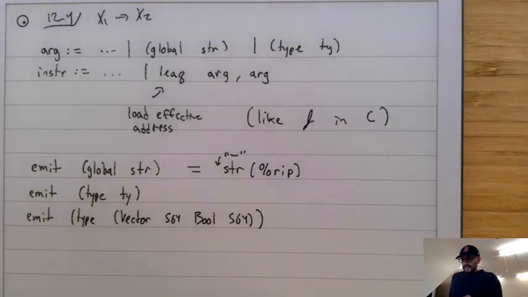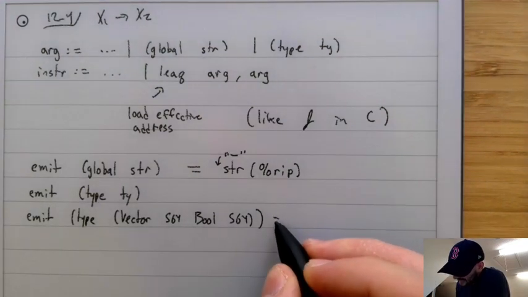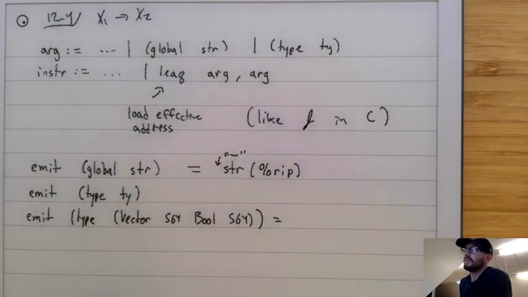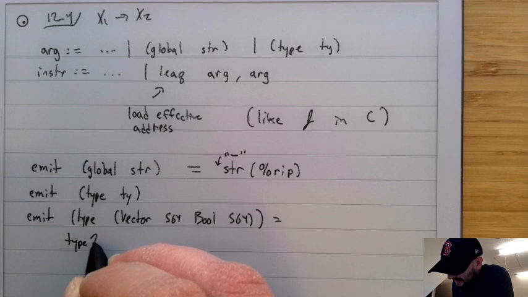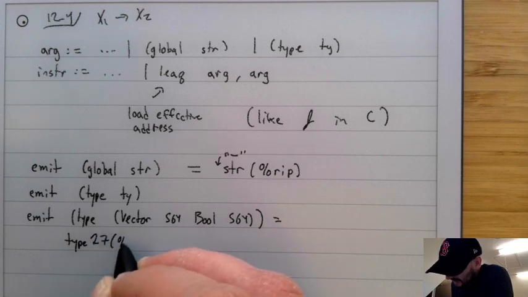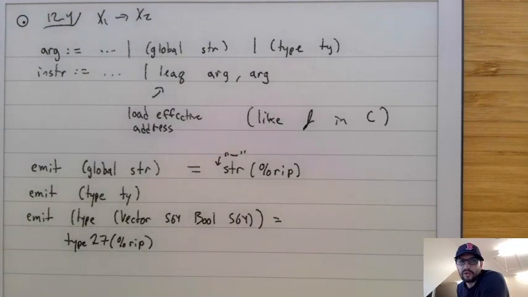So here's the strategy that I recommend. When your emitter sees this, it sticks in a reference to type 27 %RIP, just like for a global. But now, what is type 27?